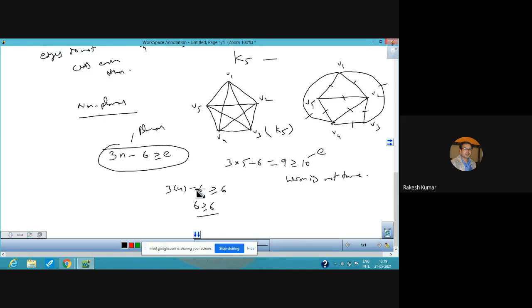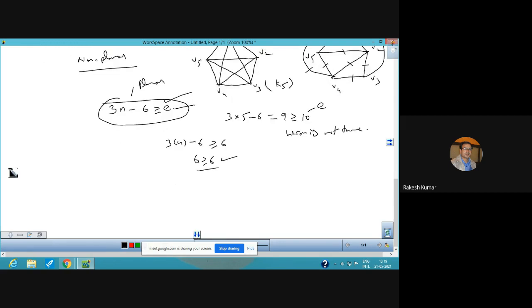It means in the case of K4, this condition is satisfied, but in the case of K5, this condition is not satisfied. So whenever you prove this, along with the proof you will explain by the help of a formula that this condition is not satisfied. But you should not do it only with the formula, nor only the other way. So you need to explain it more and more.